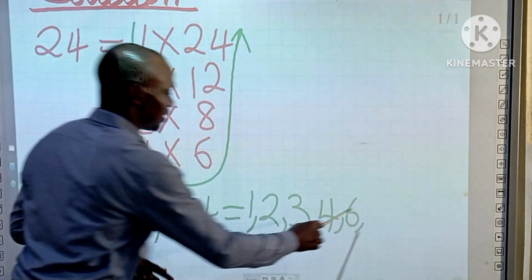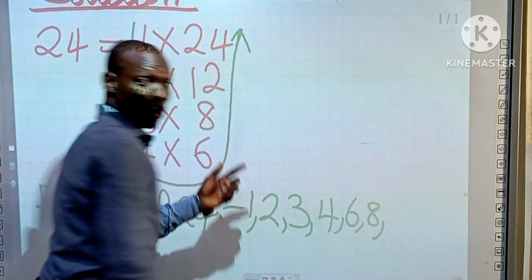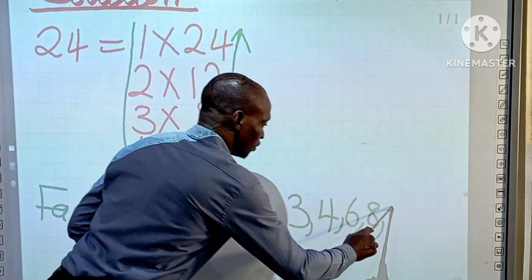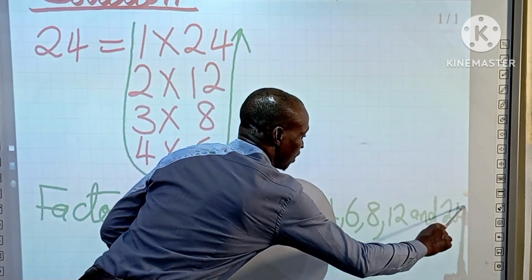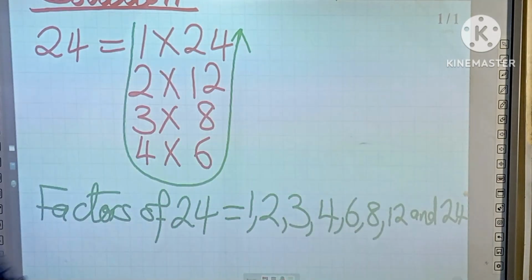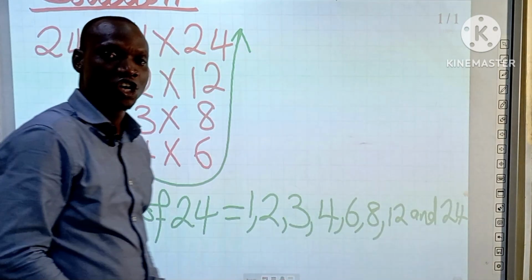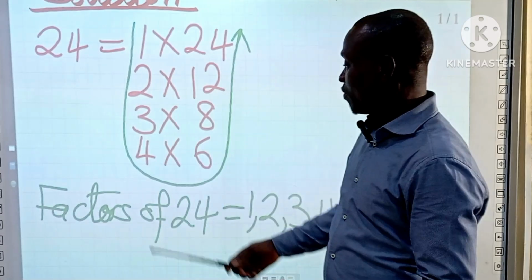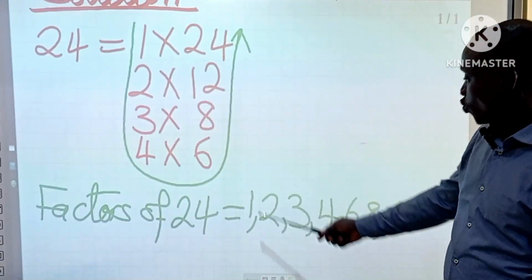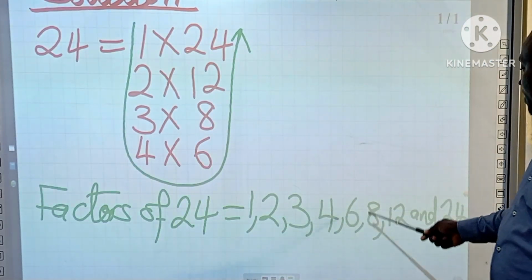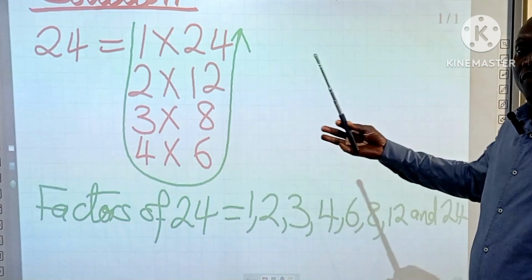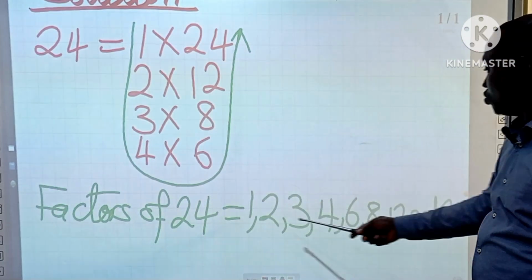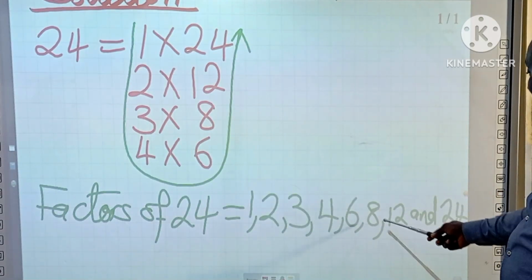We also have 8, and we also have 12. And the last number is the number we are looking for its factors, which is 24. So the factors of 24 can be written out easily like this: 1, 2, 3, 4, 6, 8, 12, and 24. So 24 has how many factors? Let's count them: 1, 2, 3, 4, 5, 6, 7, 8. So 24 has 8 factors.